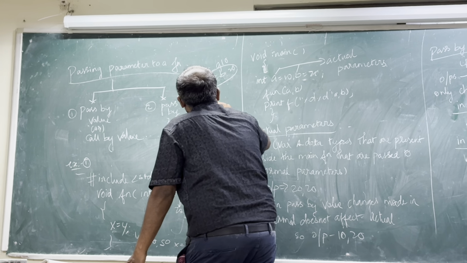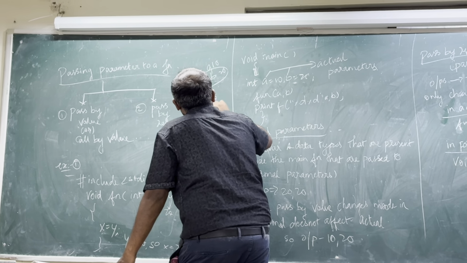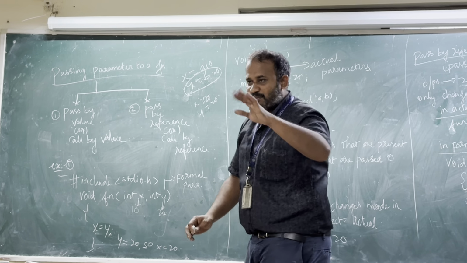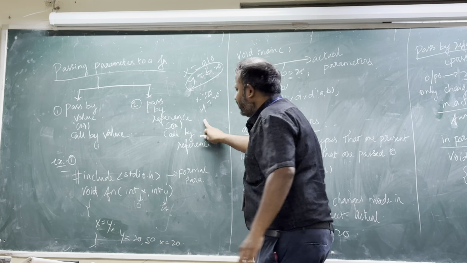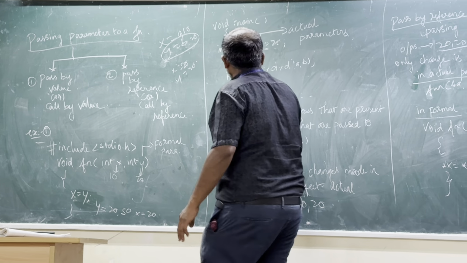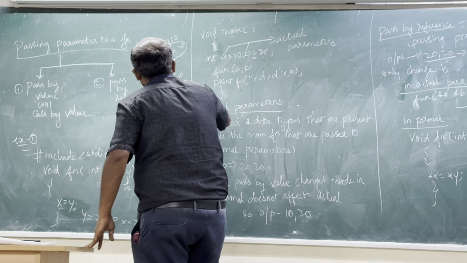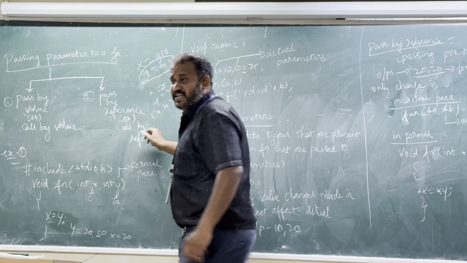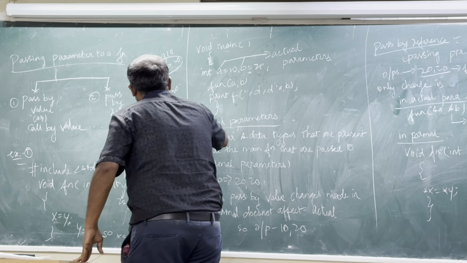So here your value of x is 20 and your value of y is 20. I am passing this value from a to x and from b to y. And now print a, b. What is the value of a, b now? 20, 20?